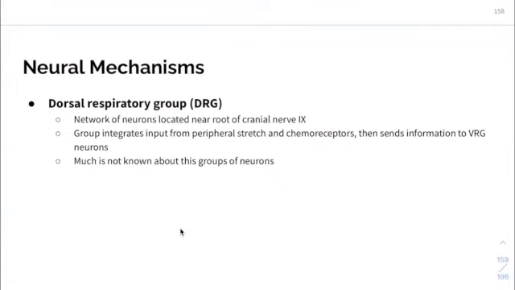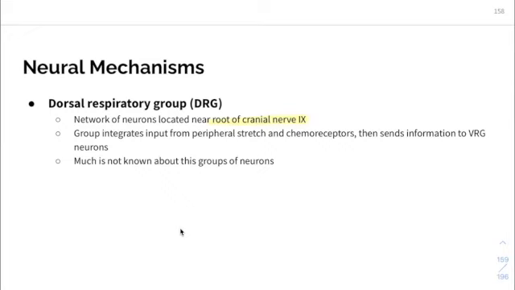This dorsal respiratory group comes out near cranial nerve 10. They use stretch receptors and chemoreceptors, and they send information to the ventral respiratory group.